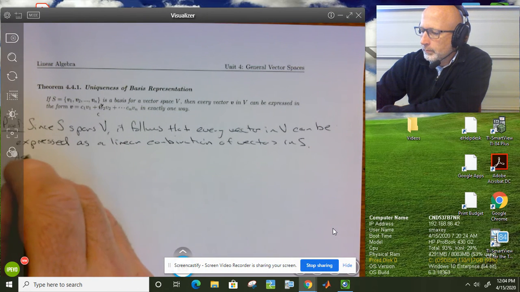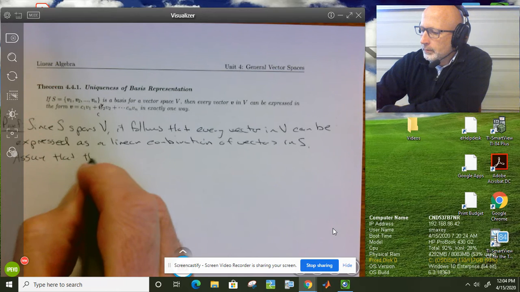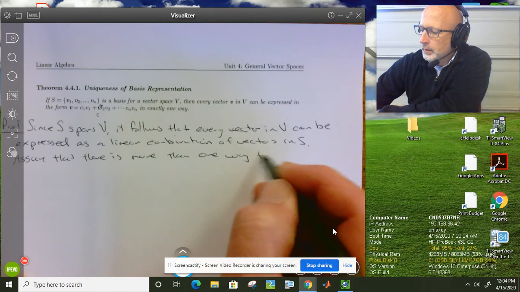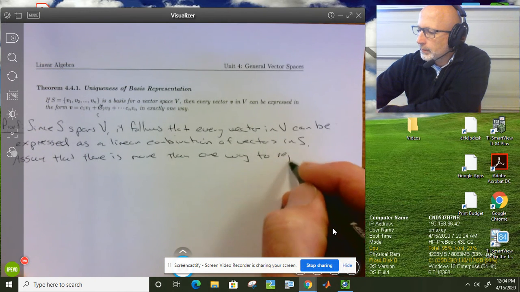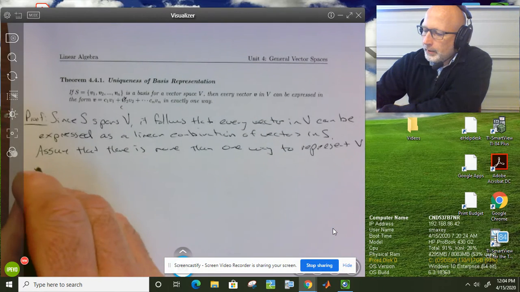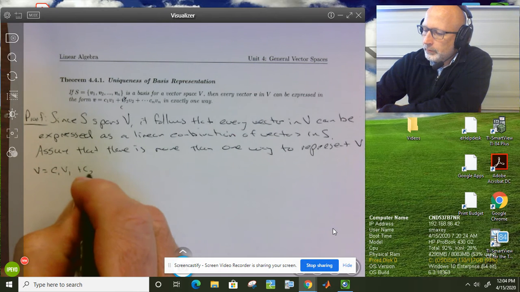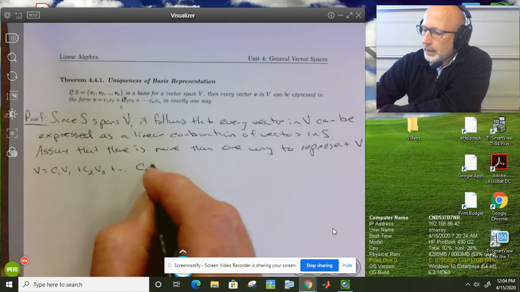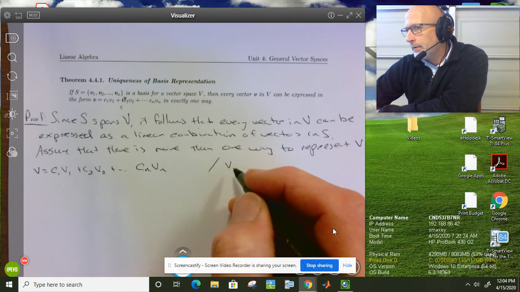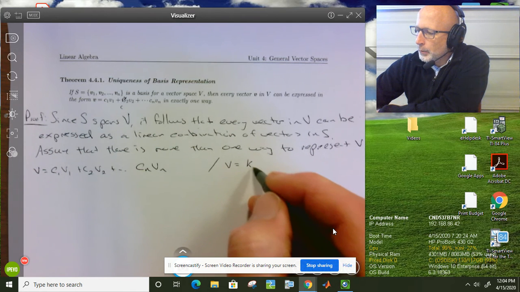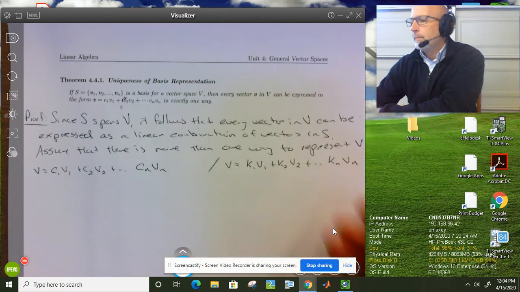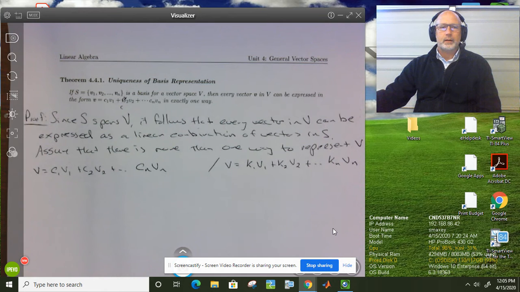Assume that there is more than one way to represent V. So I have V equals c1 v1 plus c2 v2 plus all the way up to cn vn. But at the same time, I'm assuming I can also represent, to lead to my contradiction, V equals k1 v1 plus k2 v2 plus all the way up to kn vn. I can represent those two exactly different ways.